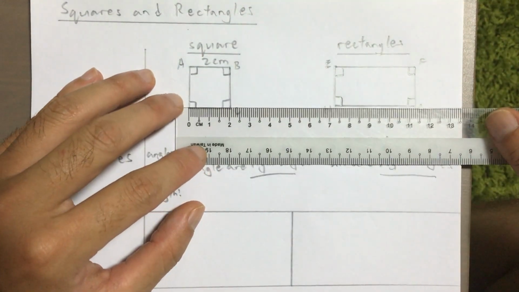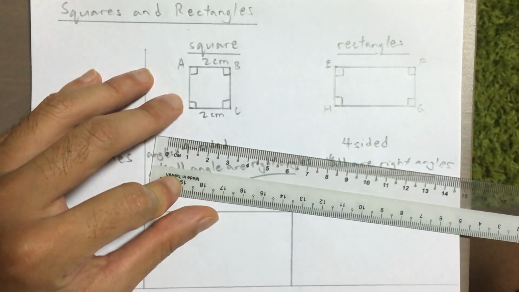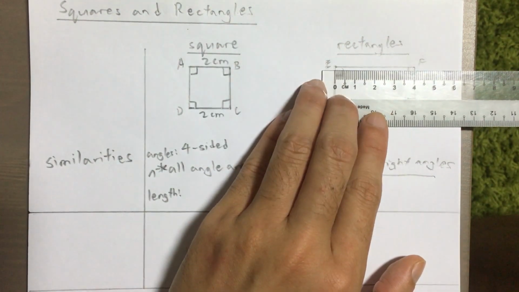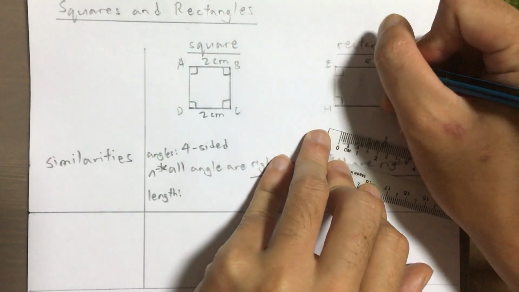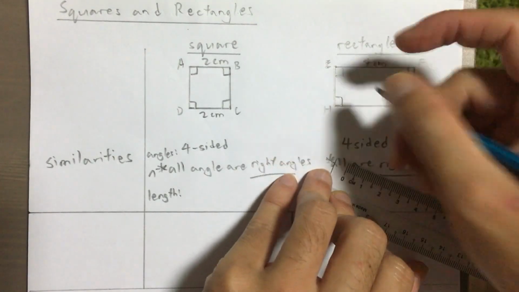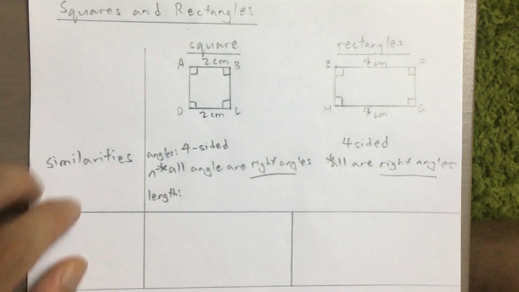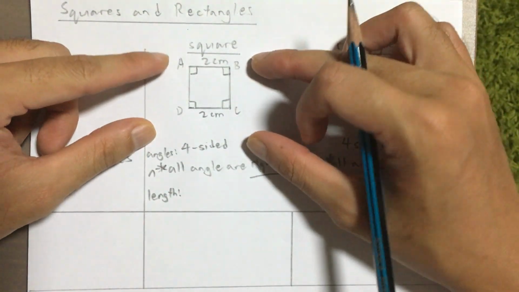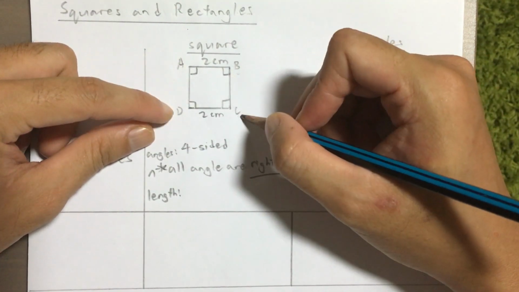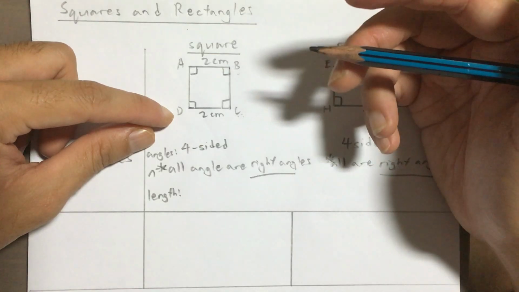This DC is also 2 cm. Let's go on to the rectangle and measure. EF is 4 cm. HG, 4 cm as well. So what do you realize here? Just by looking, are AB and CD the same length? Yes. And you realize that AB and CD are opposite sides.